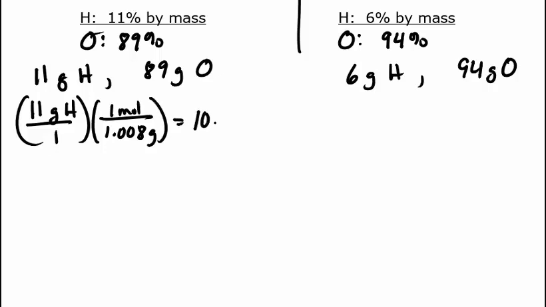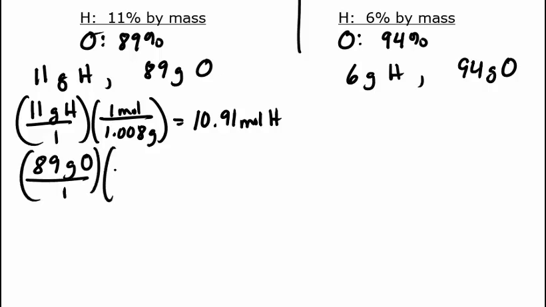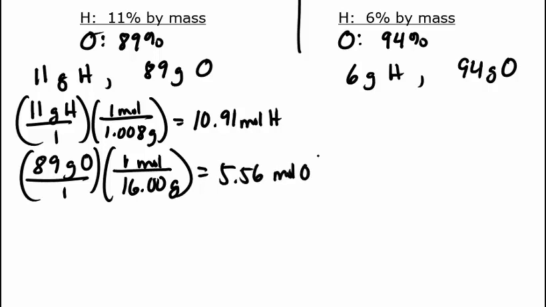That gives you 10.91 moles of H. I'll do oxygen, 89 grams of oxygen, molar mass of oxygen, 16, which gives me 5.56 moles of oxygen in compound A.